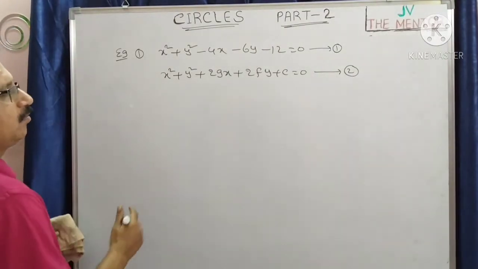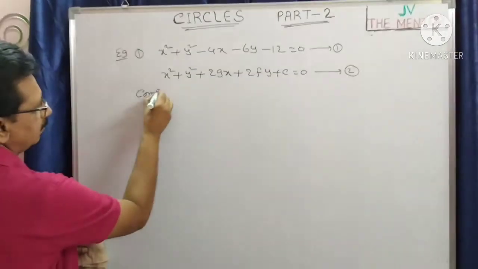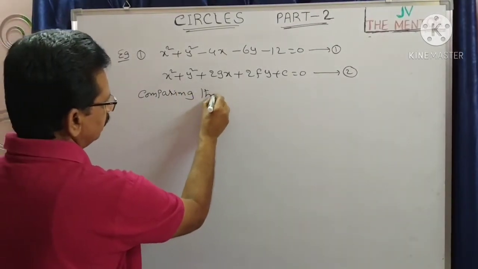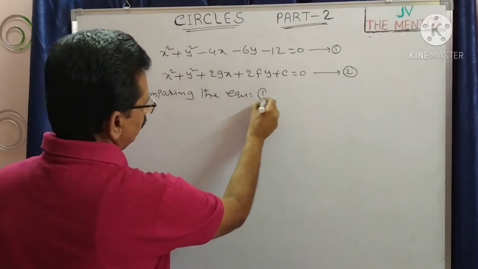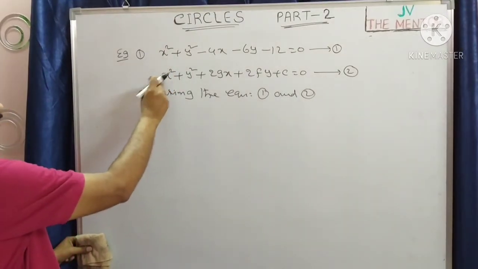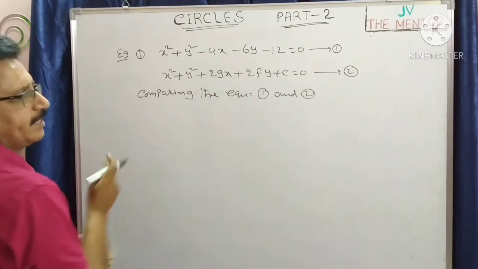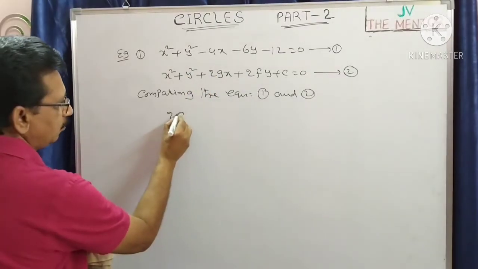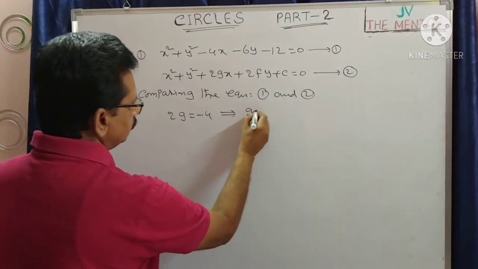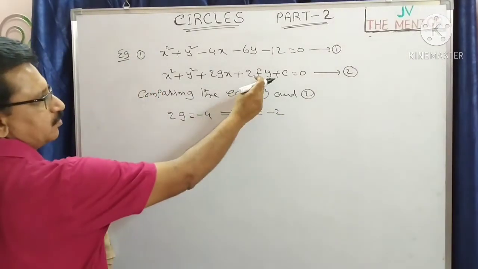Okay, now comparing equations 1 and 2. Here x square coefficient is 1, here also 1, y square coefficient 1, here also 1. x coefficient is 2g, here x coefficient is minus 4. That means 2g equal to minus 4. That implies g equal to minus 4 by 2, that is minus 2. Next, y coefficient is 2f.